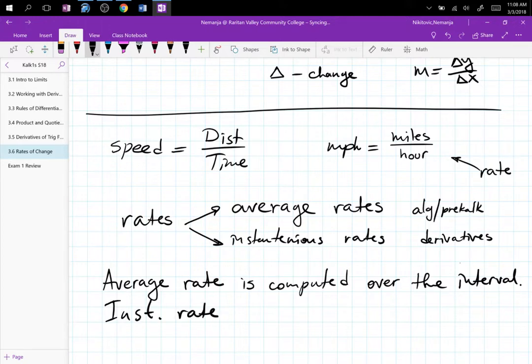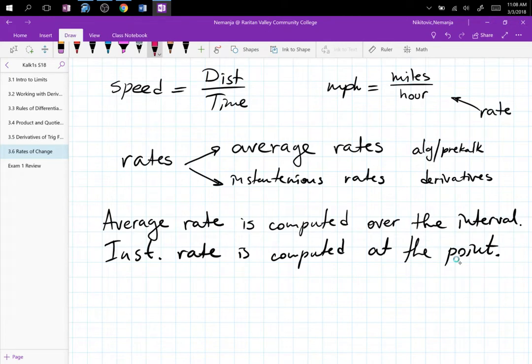Instantaneous rate is computed at the point. I'm going to box this.